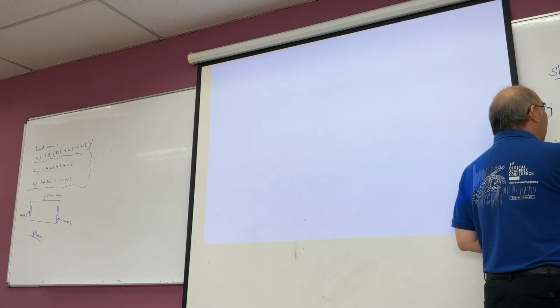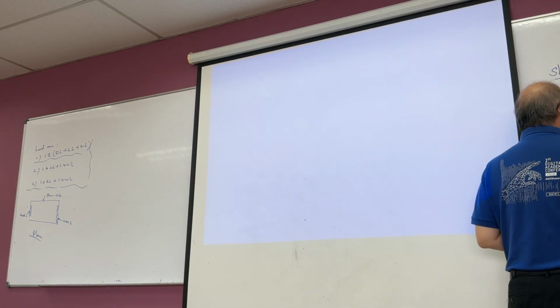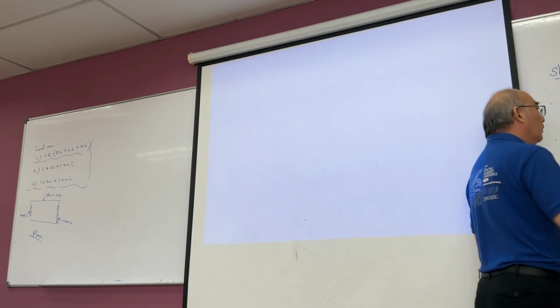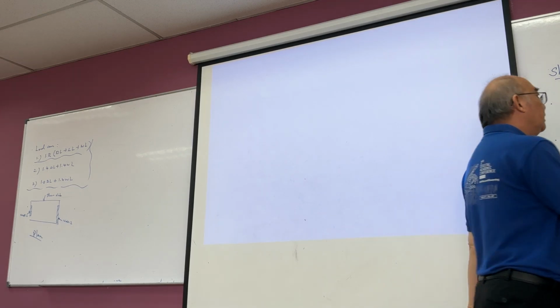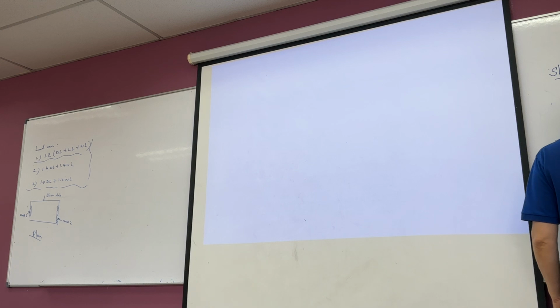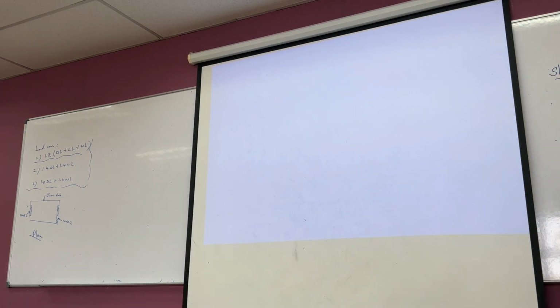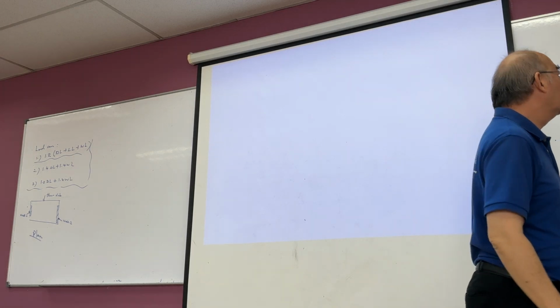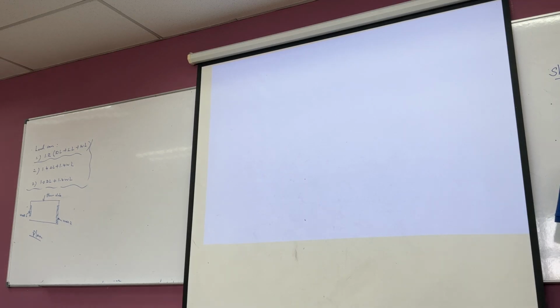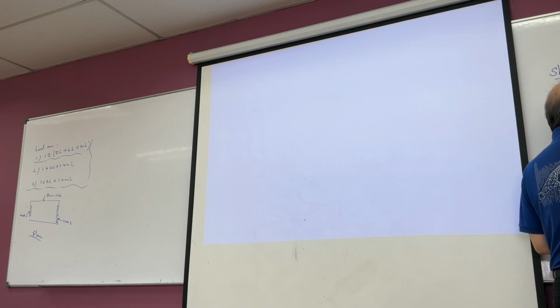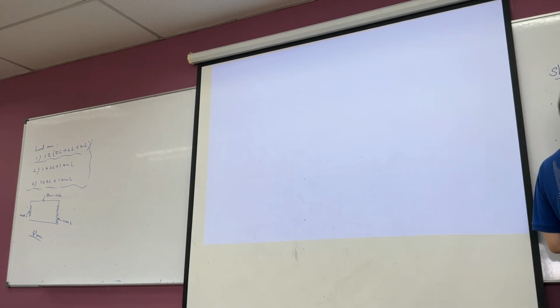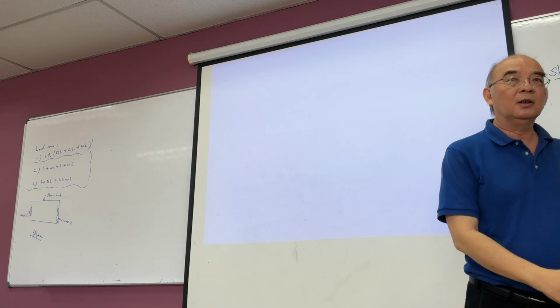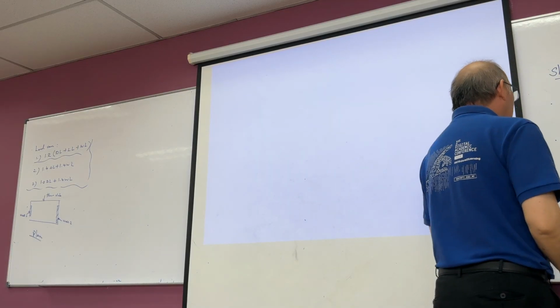And this one is MU over BH squared. Now which one is B? This is B. And this one is H. That means we are looking at this cross section. We are not looking at this area, we are looking at this area. Okay?